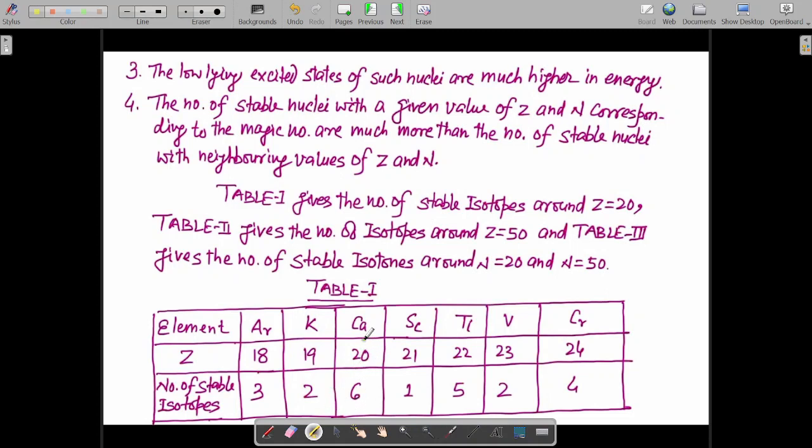Z equal to 20 corresponds to calcium. This yellow number is a magic number.